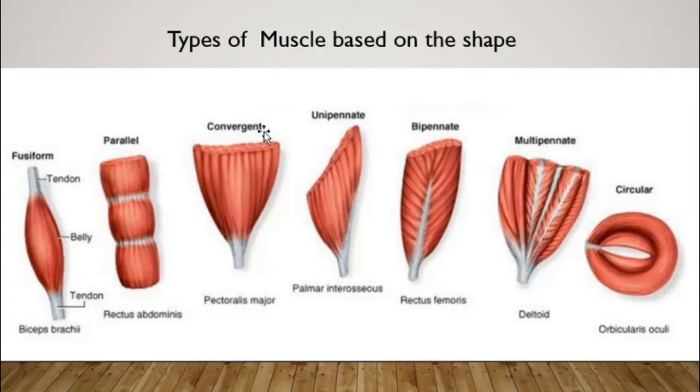The convergent type, for example, the pectoralis major. The unipinnate type, we have the palmar interosseous muscle. The bipinnate type, we have the rectus femoris. The multipinnate type, we have the deltoid muscles found in our arms.